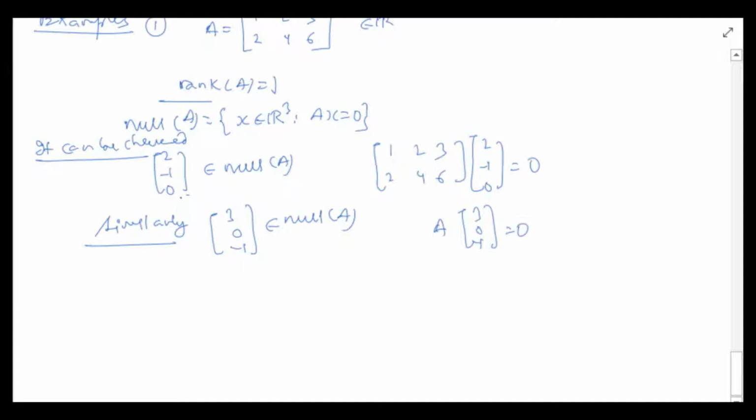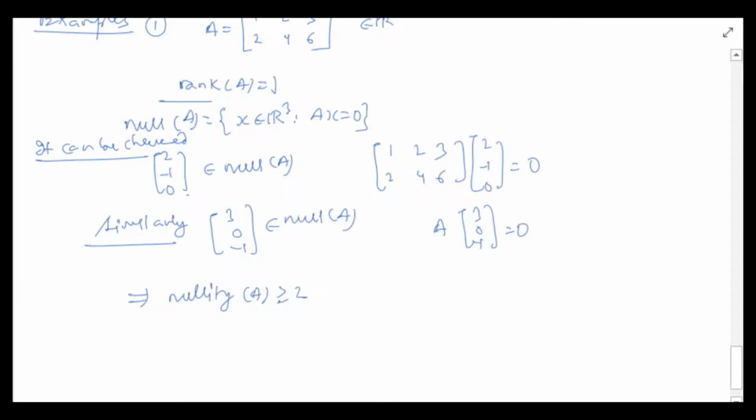Further, the two vectors that we have written here are linearly independent. This says that the null space of A, which contains at least these two vectors, has dimension at least 2. So the nullity of A is at least 2.